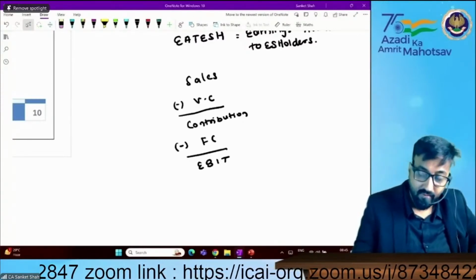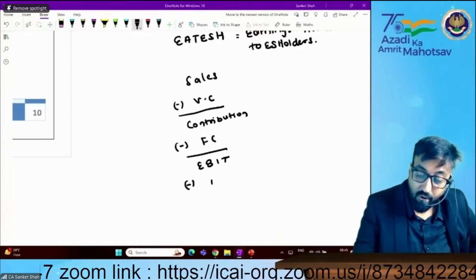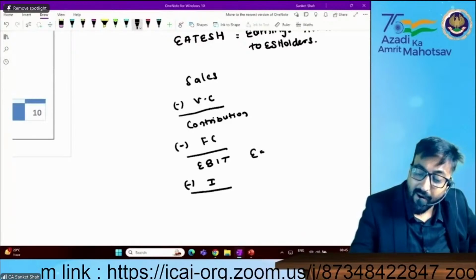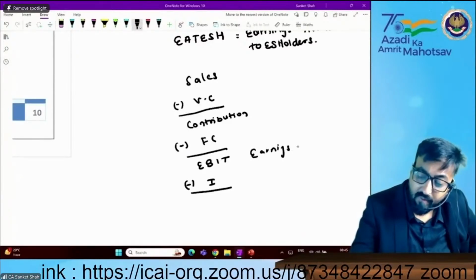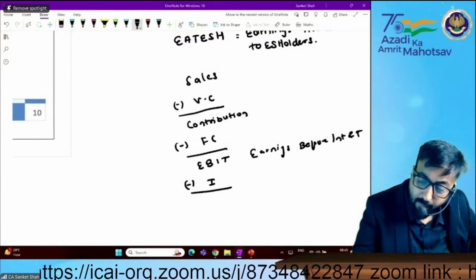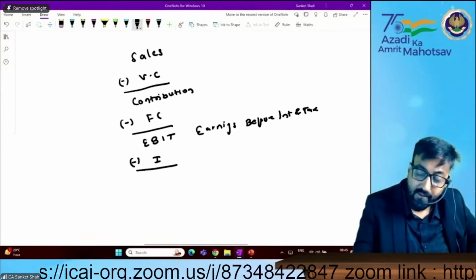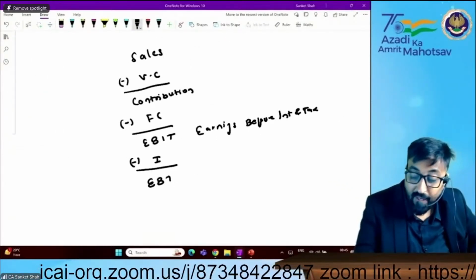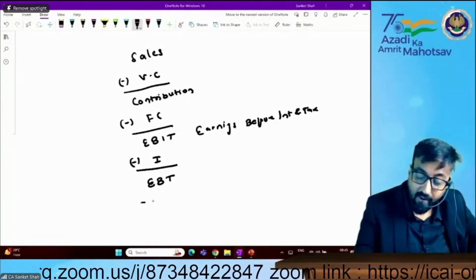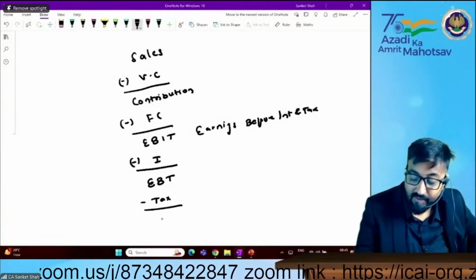Then you will deduct interest. Now this is a financial management format. Interest, so you will get EBT, earning before tax. And from earning before tax, you deduct tax, so you will get PAT.